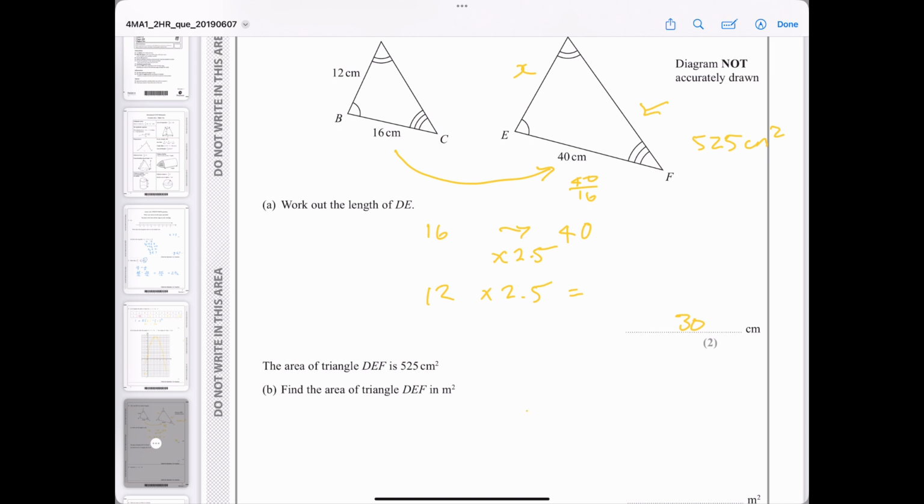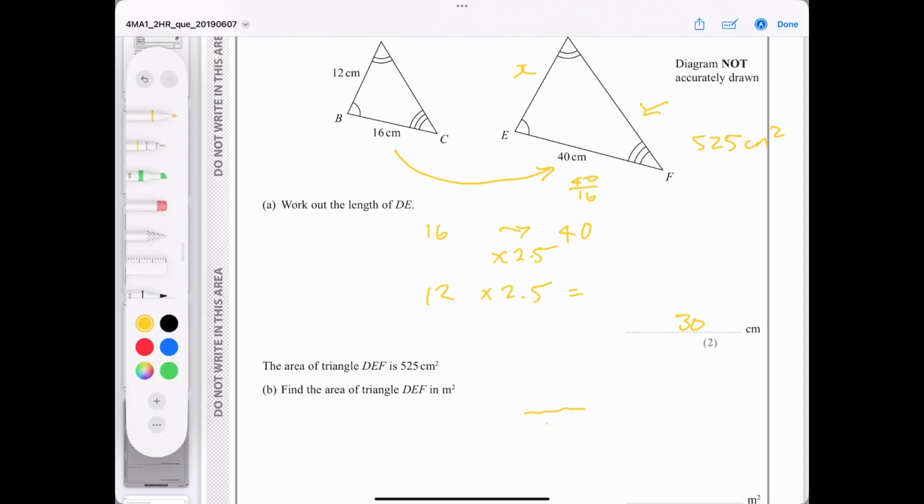If we looked at 10 centimetres by 10 centimetres, that would be 100 centimetres squared. But that would be 0.1 metre times 0.1 metres, which would equal 0.01.